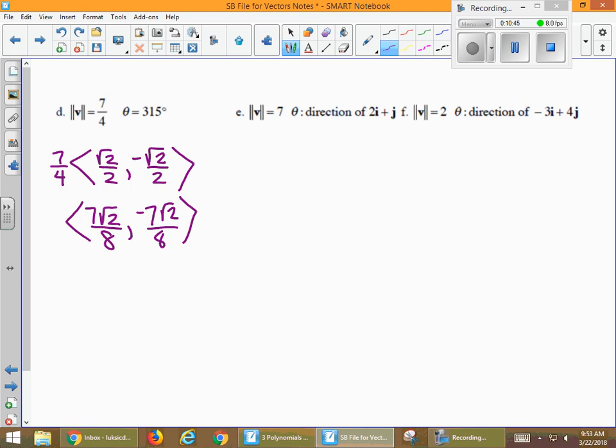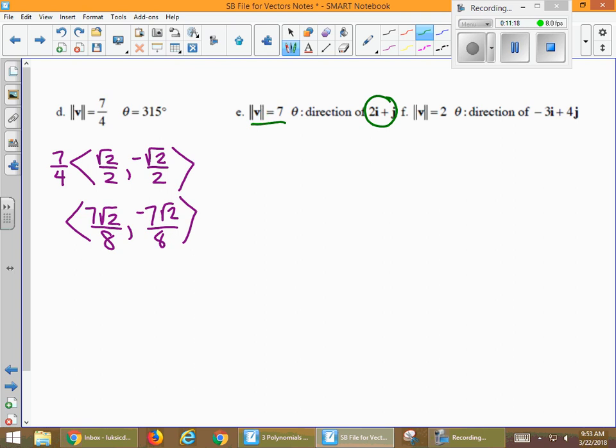Any ideas how we would find a vector that's in this state that has a different magnitude than we're given? So this guy does not have a magnitude of 7. How would we bump that up to a magnitude of 7? So the first thing we are going to have to do in order to take this vector and make it into a vector with a magnitude of 7 is shrink it down to a magnitude of 1.